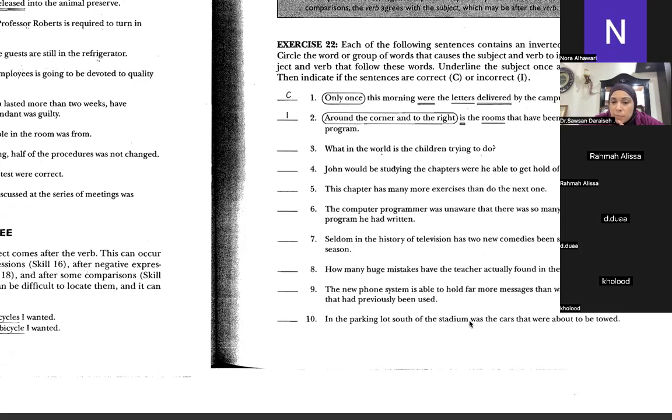The stadium was the cars? Of course not, because we said in the parking lot south of the stadium. هذا place، هذا مكان. This whole phrase refers to a place.